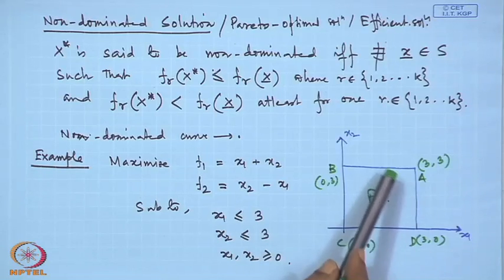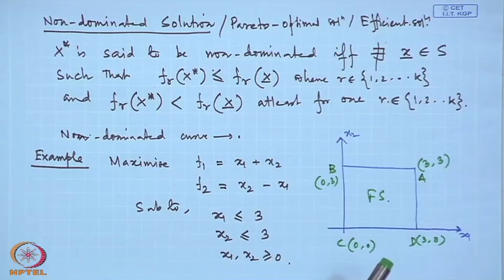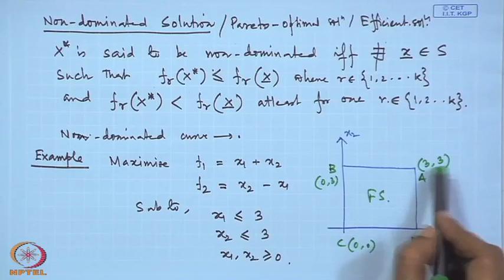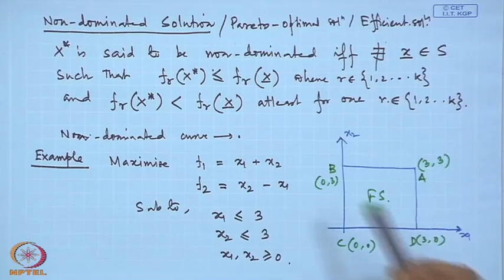But we will not get any point within the feasible space where f1 and f2 both have their maximum values, 6 and 3 respectively.